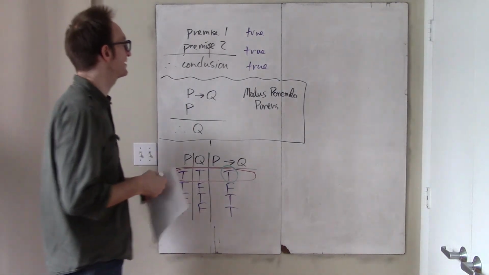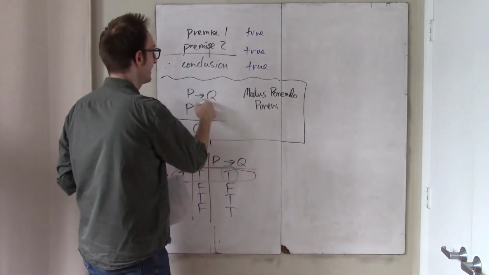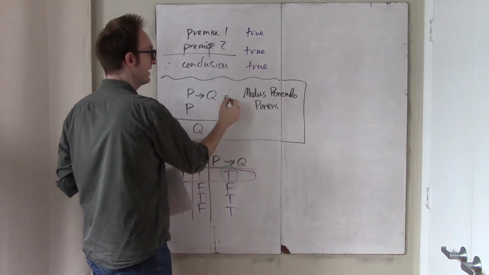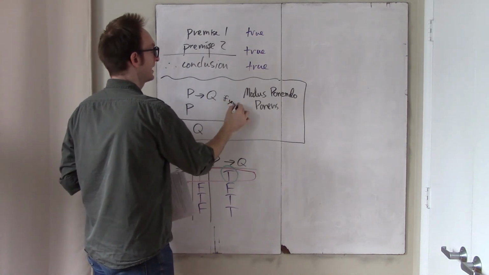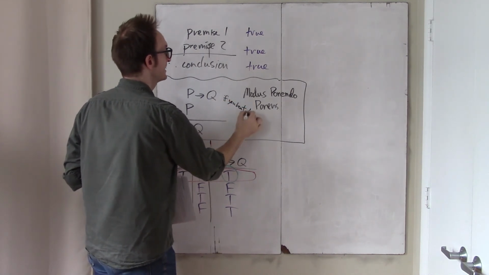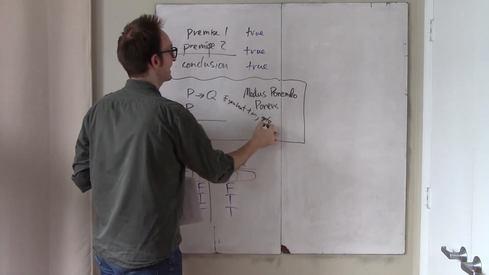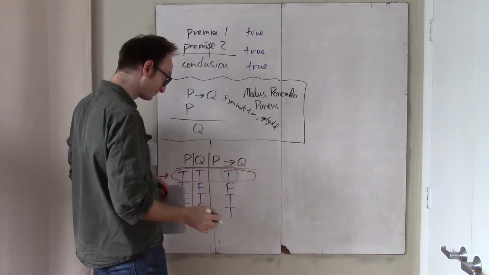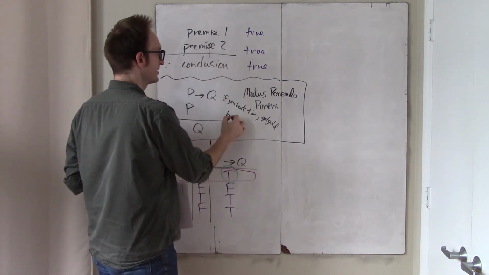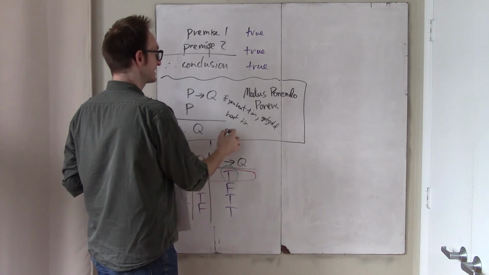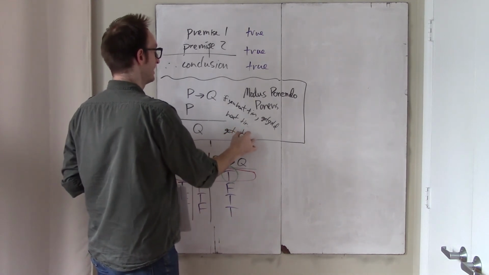Here we go, ready? Maybe this premise is, if you heat tin, you get gold or something like that. P is that you heat tin, and Q is that you're going to get gold.